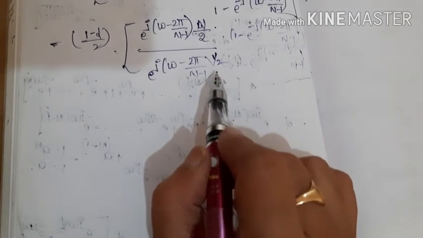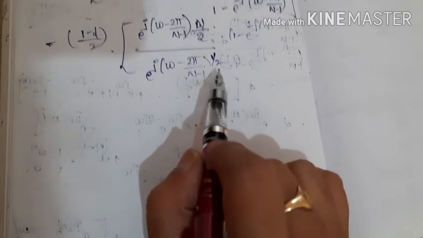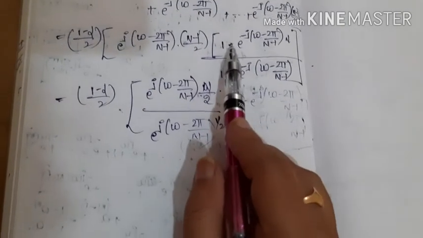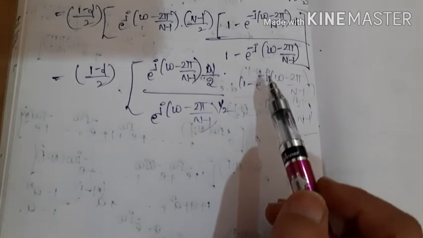Okay, similarly for c, what is the difference for c? We will get, instead of here plus minus symbol, we'll get a plus symbol inside.